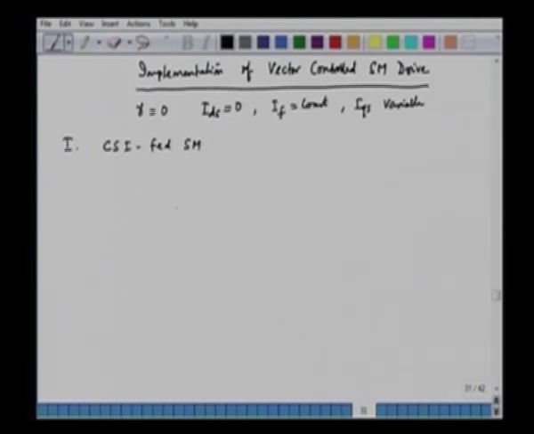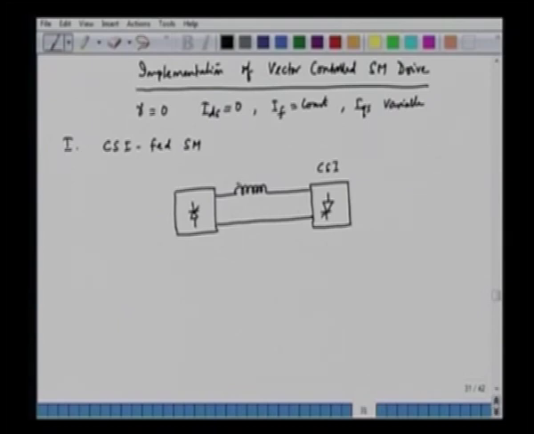Here we have a force commutated CSI. This is the schematic block diagram. This is our CSI, and we have a DC link here, and we have a large inductor in the DC link to keep the current constant, and the CSI feeds the synchronous motor.